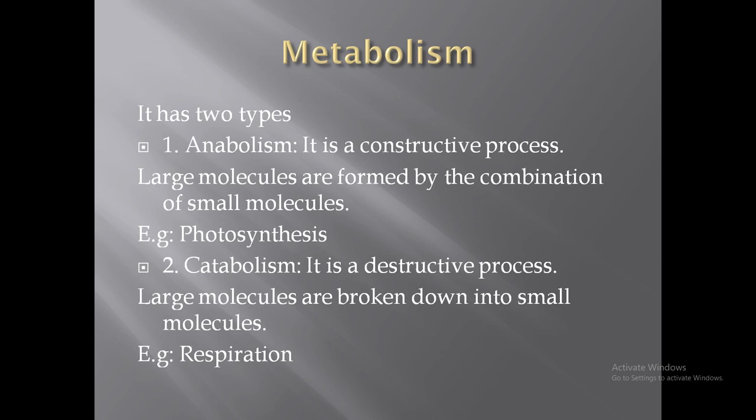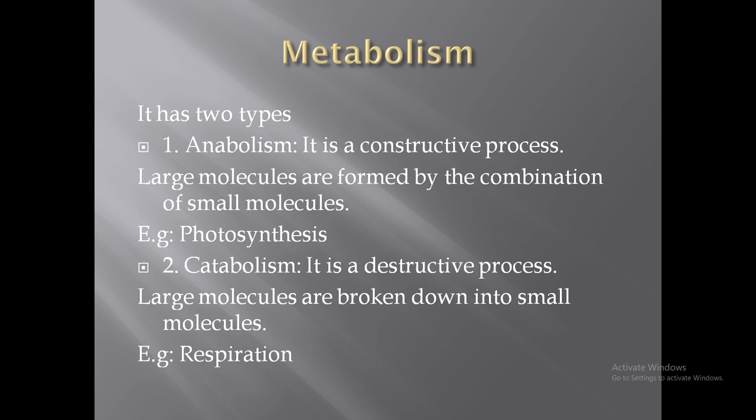Anabolism is known as the constructive process. Constructive processes mean that small molecules join together to form large molecules. For example C6H12O6, the glucose molecule in the previous reaction, consists of carbon, hydrogen and oxygen.